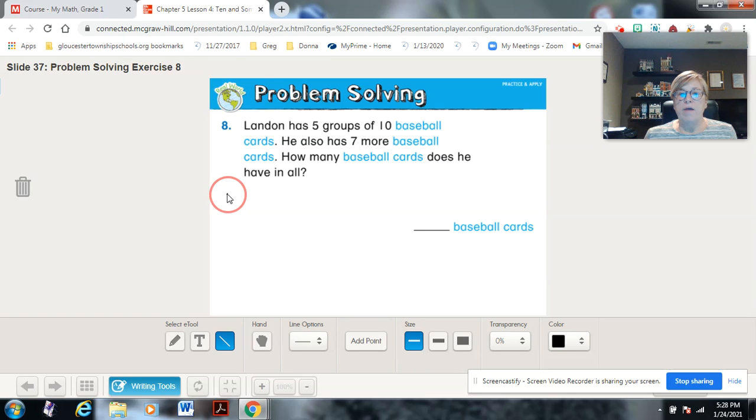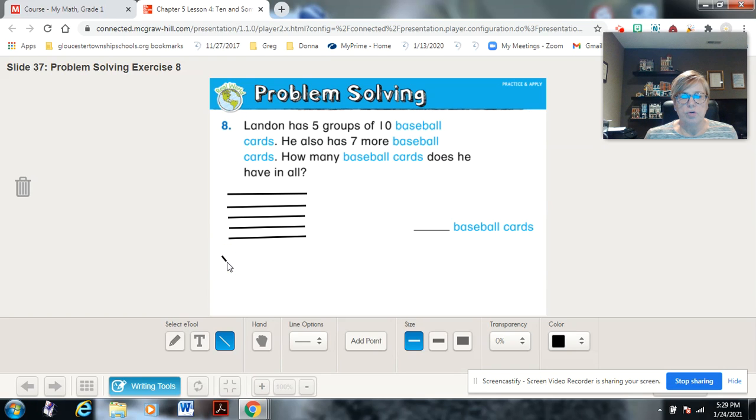5 groups of 10. So just like they did with the row of connecting cubes, I'm going to make believe that this is a row of 10. So there's 5 groups of those. So 3, and I'm going to try to make it even, there you go. 4 and 5. Okay. Then there's 7 baseball cards.